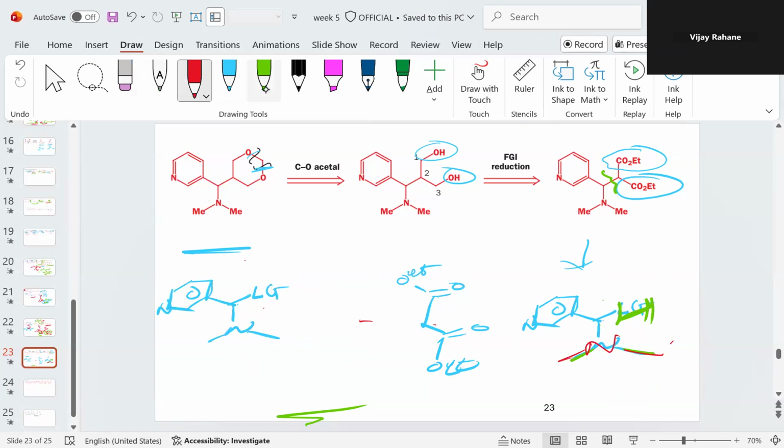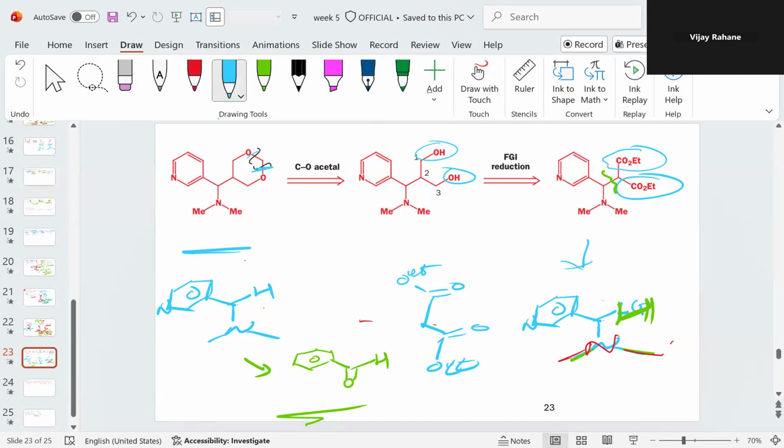Okay, if you want to break down this molecule further, here it is not the leaving group, but it should be the hydrogen.